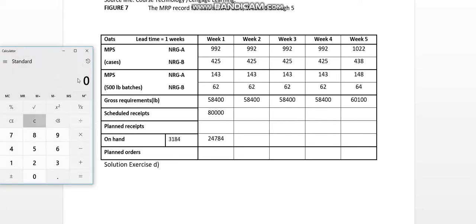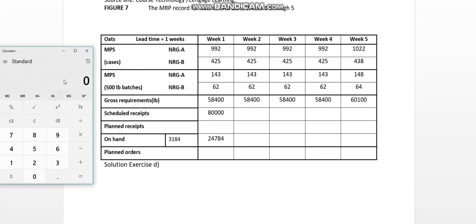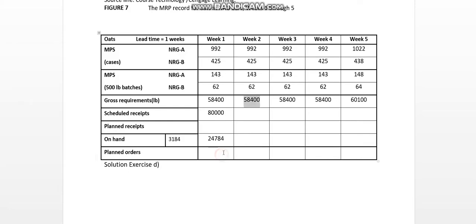24,784. But for week 2, we will need 58,400, right? So we need to order an additional quantity, and that quantity is the difference between the required quantity and the one that we have in our hands. So 33,616, and since the lead time is 1 week, we will receive it next week.